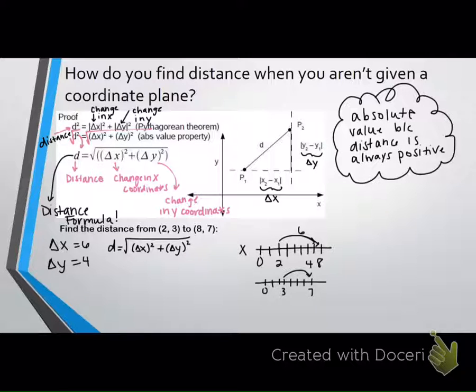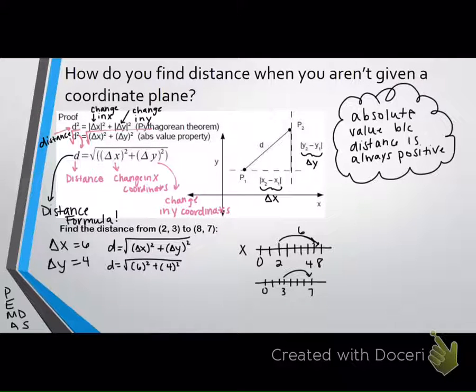So we plug in. What did we get for our change in x? So we plug in 6 there. What did we get for our change in y? So we plug in 4 there. Order of operations says you must do exponents first. So it's PEMDAS.